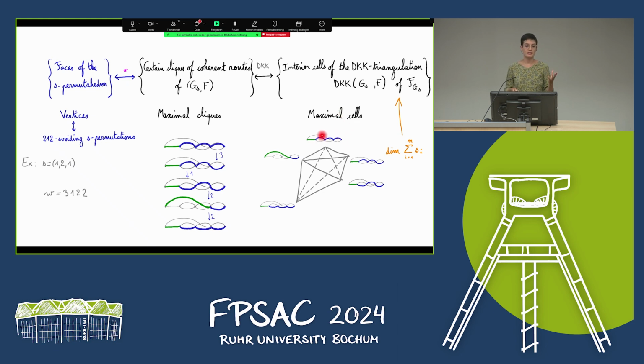So in particular, the Hasse diagram of the s-weak order, so the vertices and edges of this s-permutahedron, is the dual graph of this DKK triangulation. So this is a first nice geometric realization, but it is dual, and it has dimension the sum of the s_i's, which is greater than n.